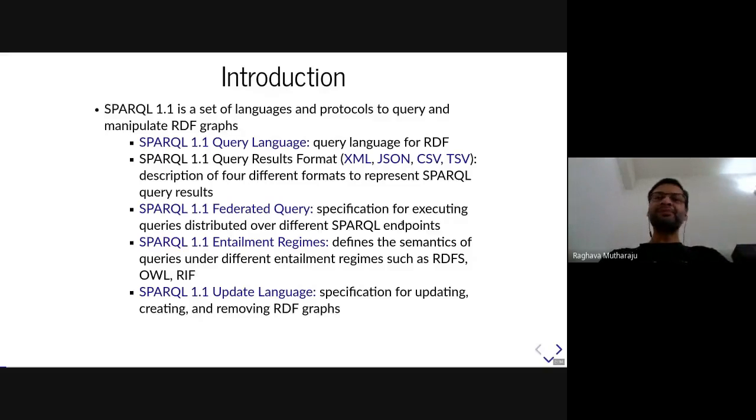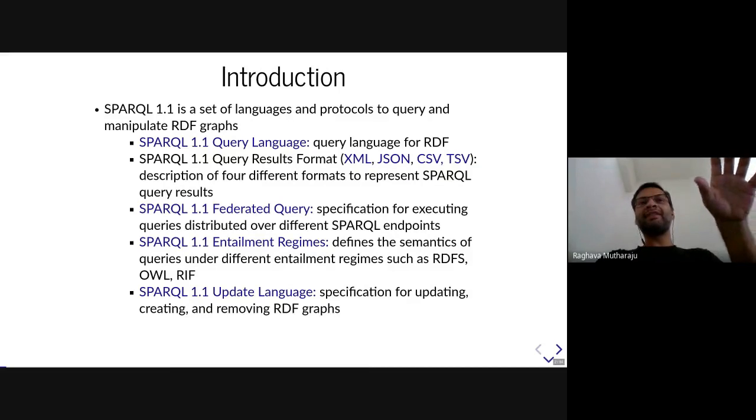Now federated querying is about sending queries to multiple different SPARQL endpoints. Let's say you would like to query multiple different databases or RDF graphs that are sitting in different locations, but you want an integrated query over all, say, three RDF graphs.